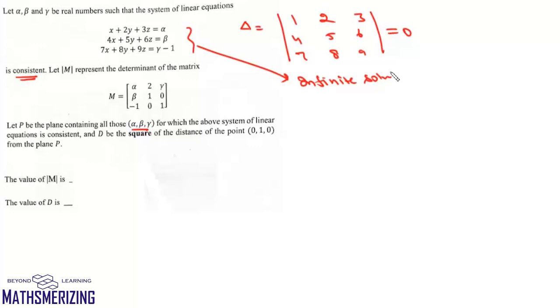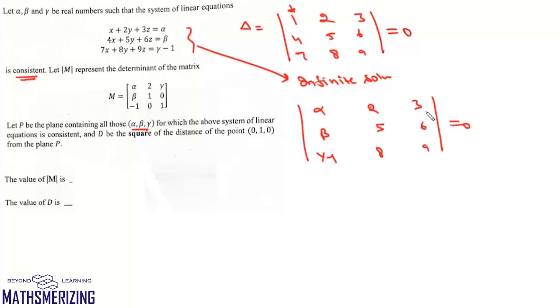And if it has infinite solutions, then the value of the determinant must be 0. So what we'll do is, we'll replace any one column with alpha, beta and gamma. So we'll get alpha, beta, gamma minus 1, and this is 2, 5, 8, and this is 3, 6 and 9, and it'll be equal to 0.